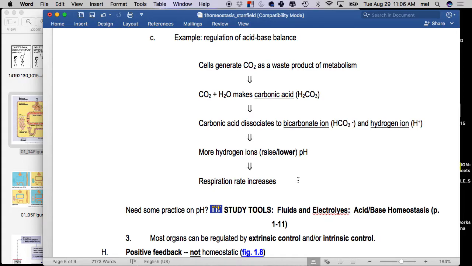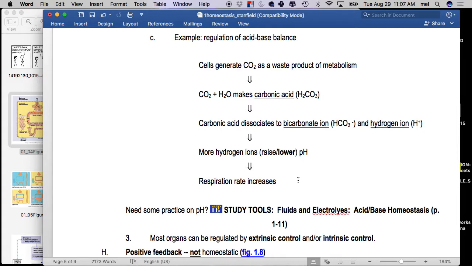Which one of these players will change your pH? H+. Okay, so let me tell you the relationship. As you increase carbon dioxide, you tend to increase H+. And what does it do to your pH? Lowers your pH and makes it more what? Acidic or alkaline? Acidic. Okay.